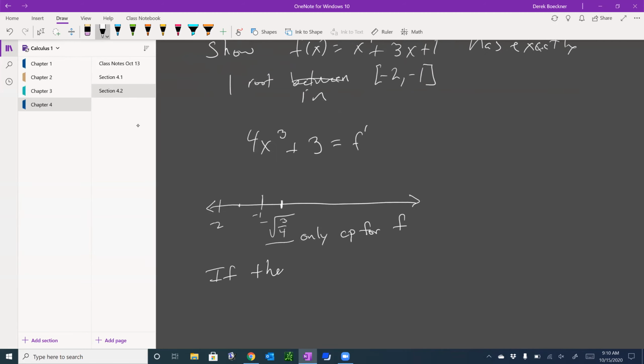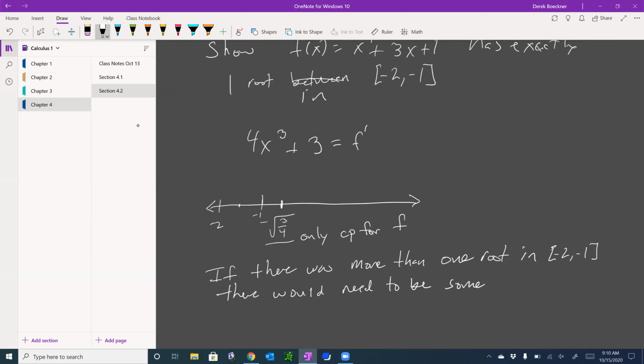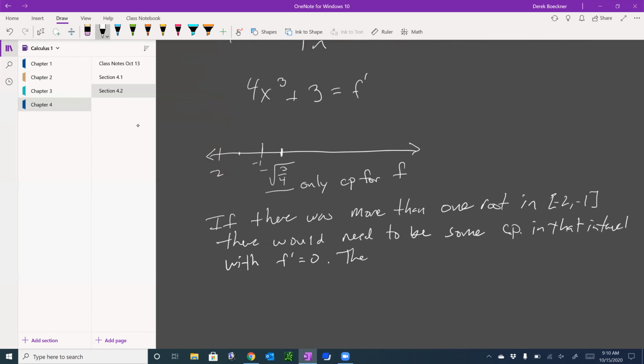If there was more than one, there would need to be some critical value, critical point in that interval with f prime equal to 0. It's not, there's not. So there can be at most one.